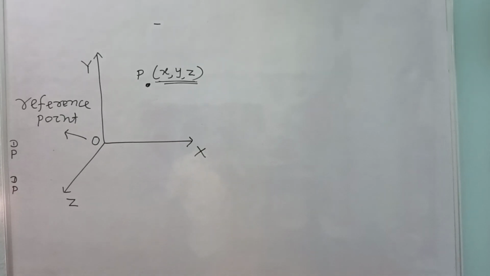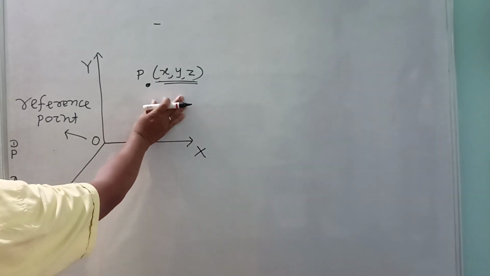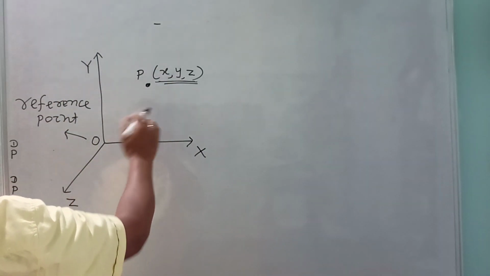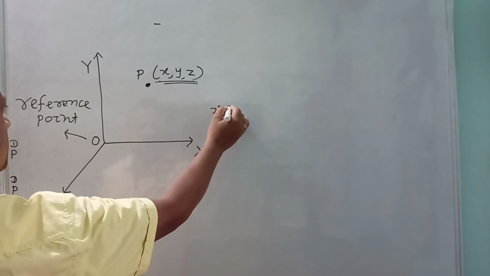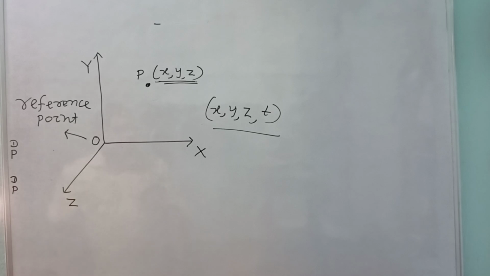But including that 3 coordinates, if we place a clock, then it measures the time. Suppose in that system we place a clock which will measure the time. So I mean with x, y, z, time is included. That is also called space time, or this total x, y, z, time gives you frame of reference.